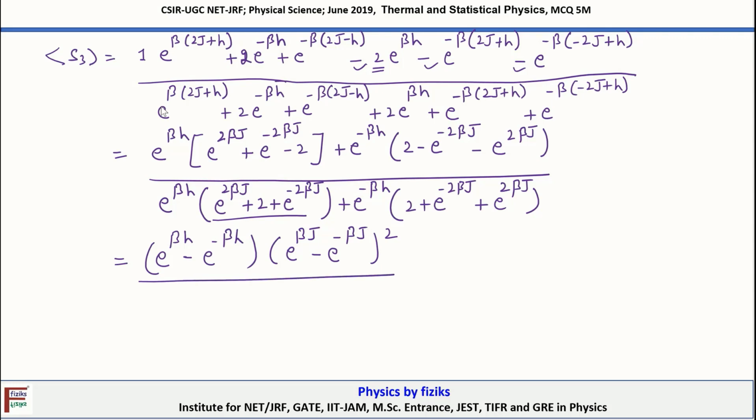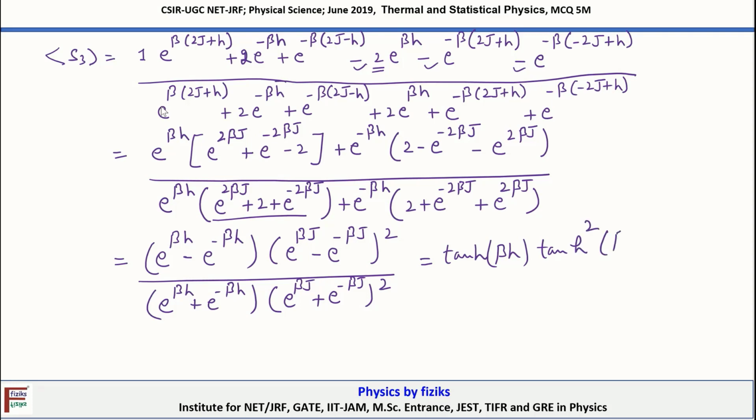divided by exponential beta h plus exponential minus beta h, and then multiply by exponential beta j plus exponential minus beta j and its whole square, and this is equal to tan hyperbolic beta h and multiply by tan hyperbolic square beta j.